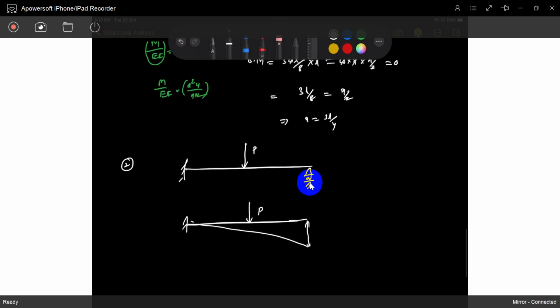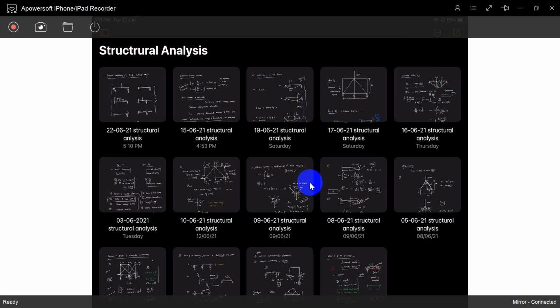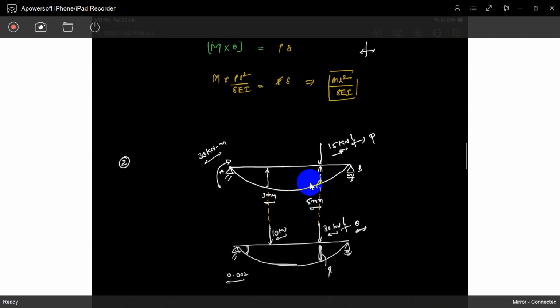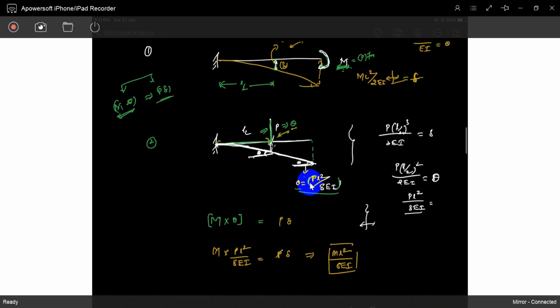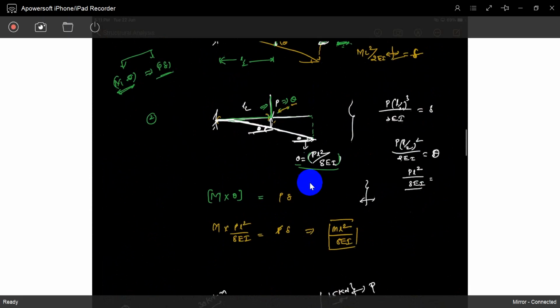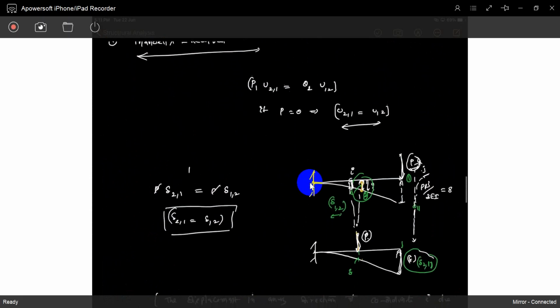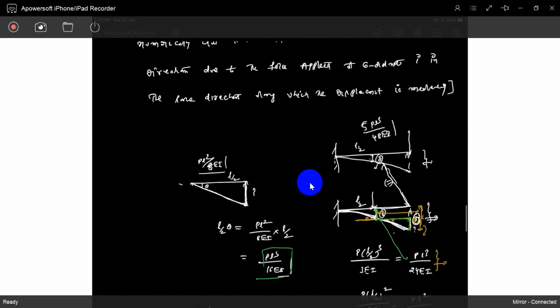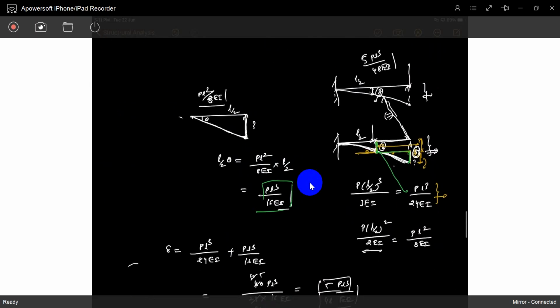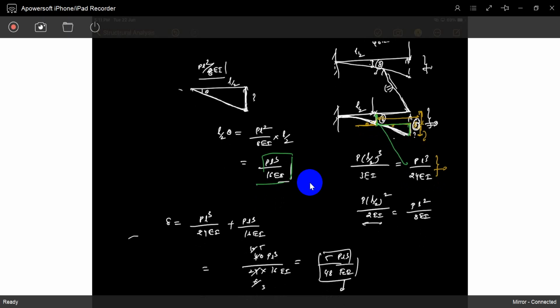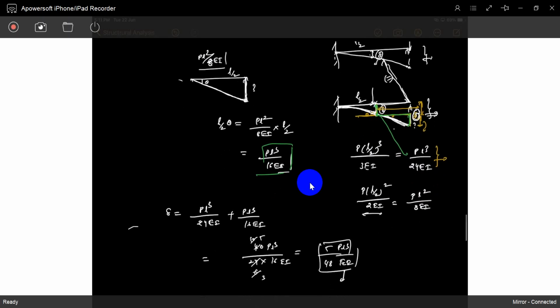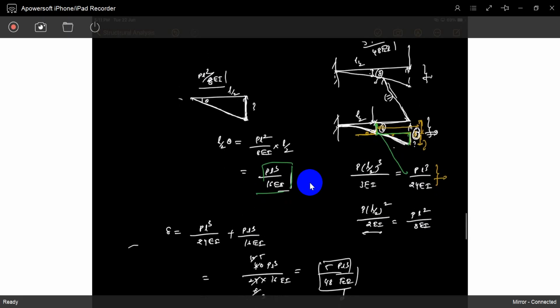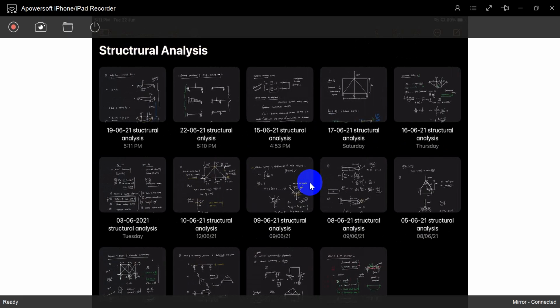The deflection is 5 by 48 PL cube by EI. Yesterday we solved it; once again I will show how we can solve it.